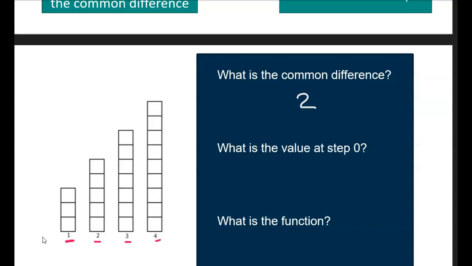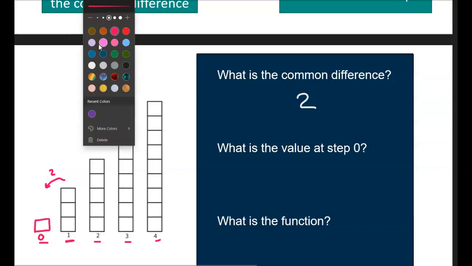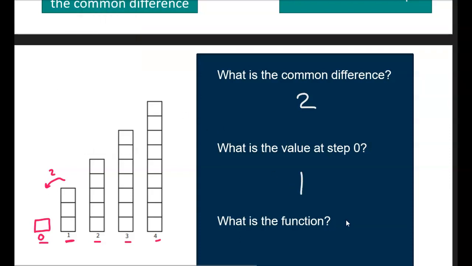So to get to day 0, we're going to have to go back 1 step. So we add 2 each day, so step 0 would have to have 1 block on it. So the value at step 0 is going to be just 1.